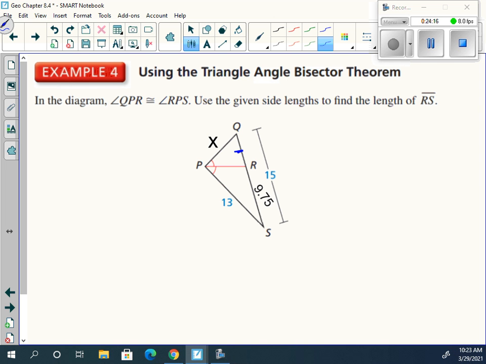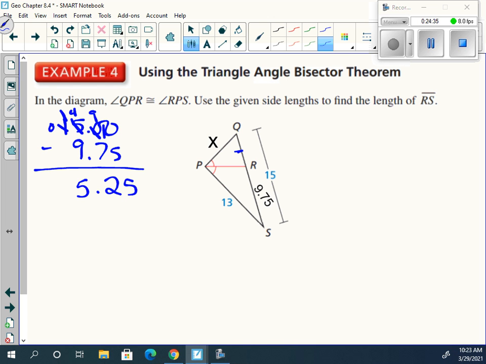Now, for us to find QR, I can take 15 and subtract 9.75.